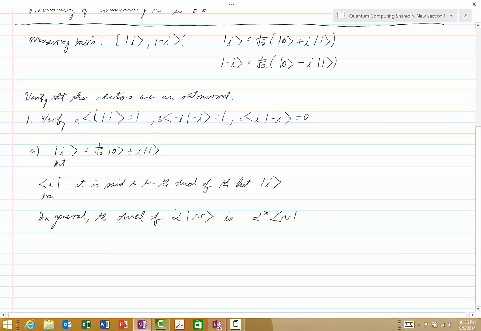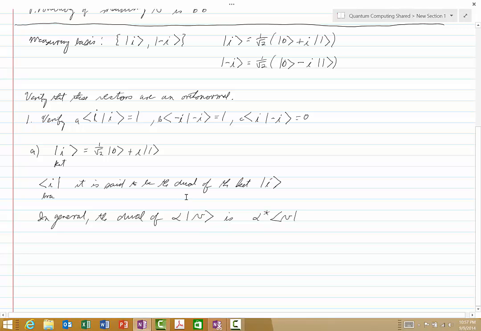The dual of alpha times the ket V is alpha conjugate times the bra V. Okay?